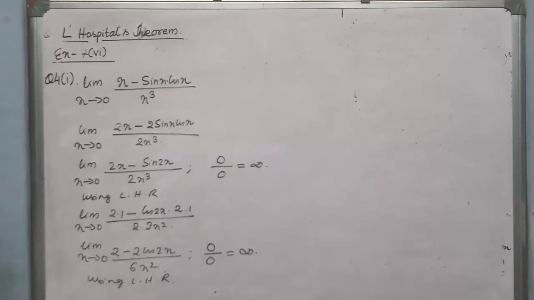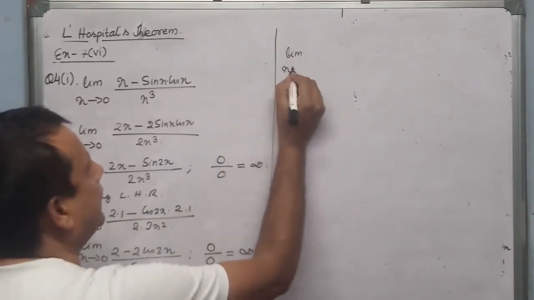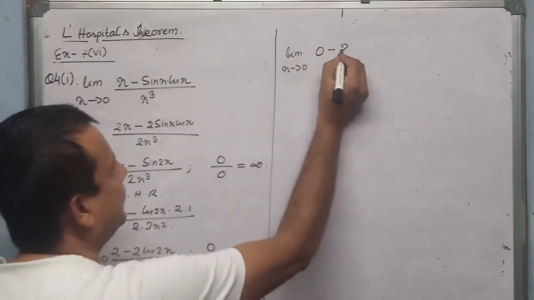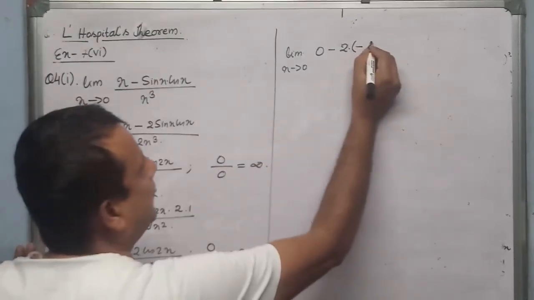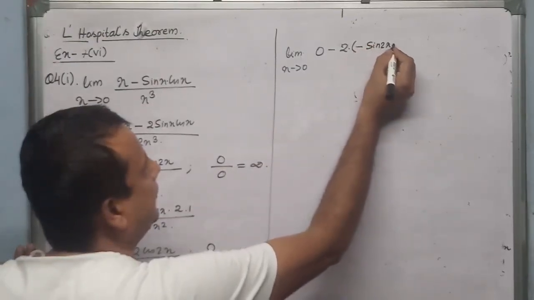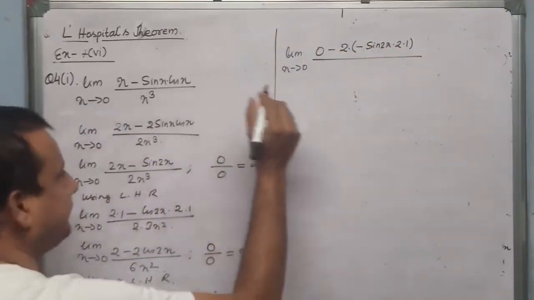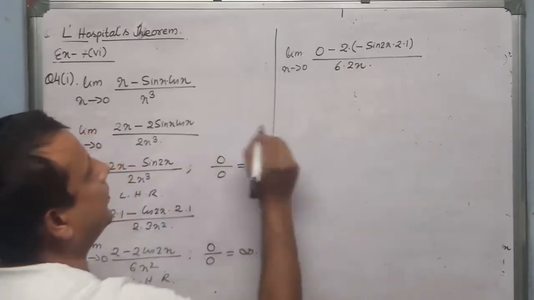L'Hospital's rule. Now this will be limit x tends to 0, derivative of 2 is 0, minus 2 into derivative of cos 2x is minus sine 2x into 2, derivative of x is 1, over 6 into derivative of x square is 2x.